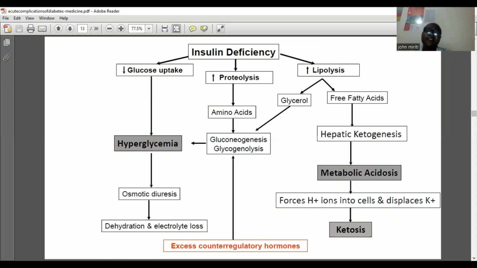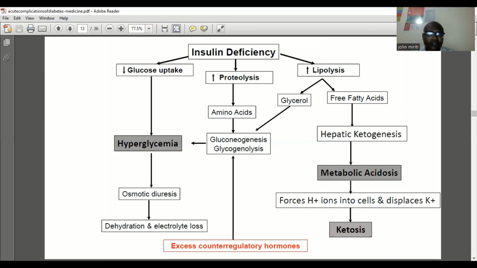So in this case, there is a breakdown of proteins, and this breakdown of proteins results in amino acids, and these amino acids are converted through gluconeogenesis and glycolysis, which results in increased glucose in the body. And this again leads to osmotic diuresis, dehydration, electrolyte imbalance, and then dehydration, and can also cause death.